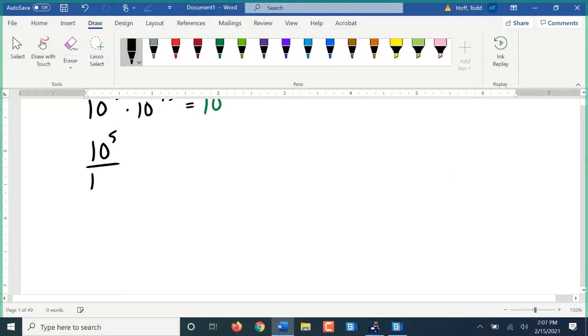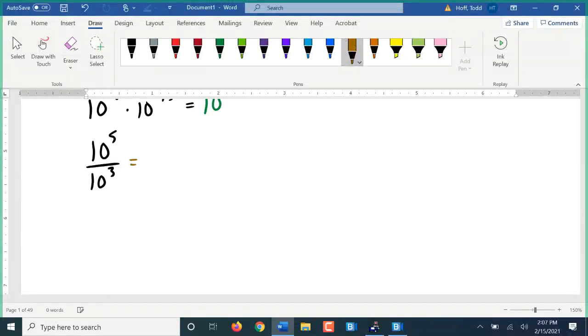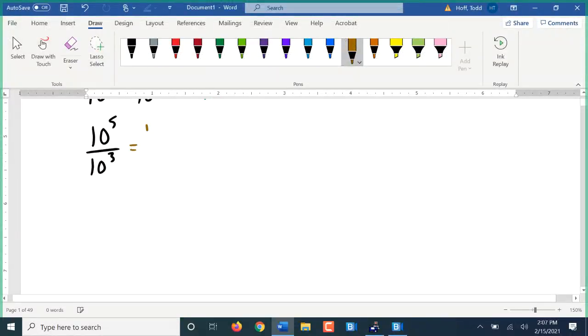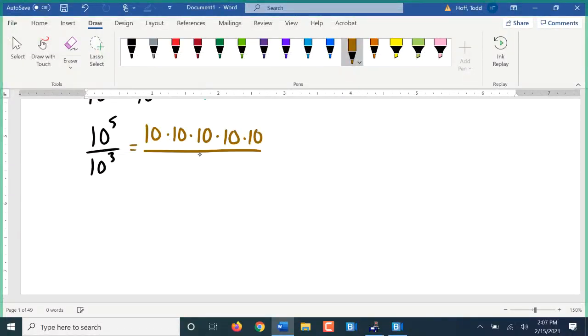We might look at something like this: 10 to the 5th divided by 10 to the 3rd. Well, 10 to the 5th, of course, is 5 tens being multiplied together. And 10 to the 3rd is 3 tens multiplied together. If we use what we've learned about fractions, remember we can cancel out or divide out common factors.